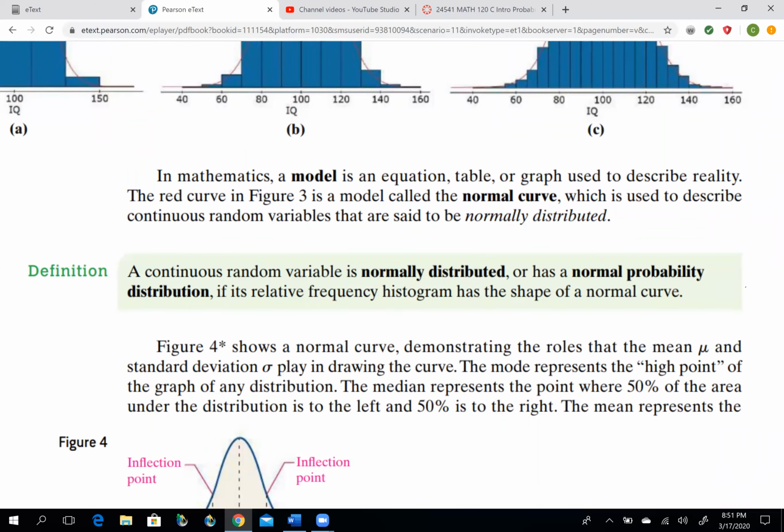A continuous random variable. Again, guys, remember chapter 6, we talked about the discrete random variable. Now chapter 7, section 7.1, we talk about the continuous random variable.